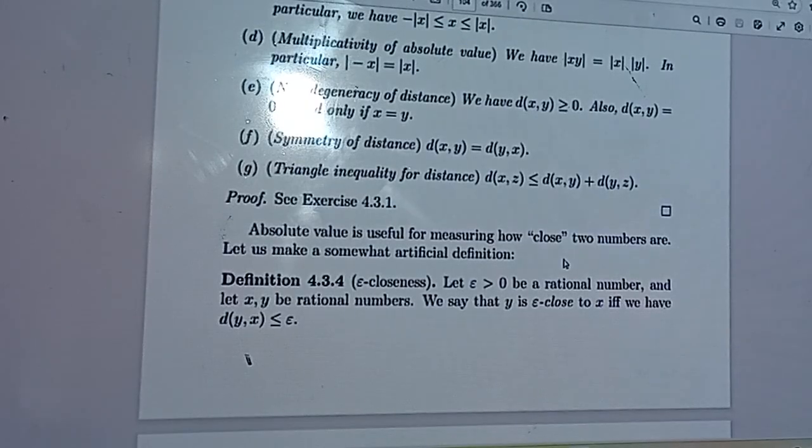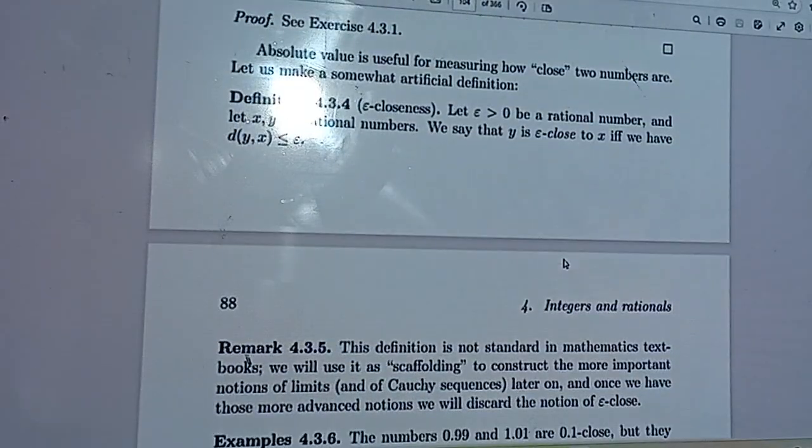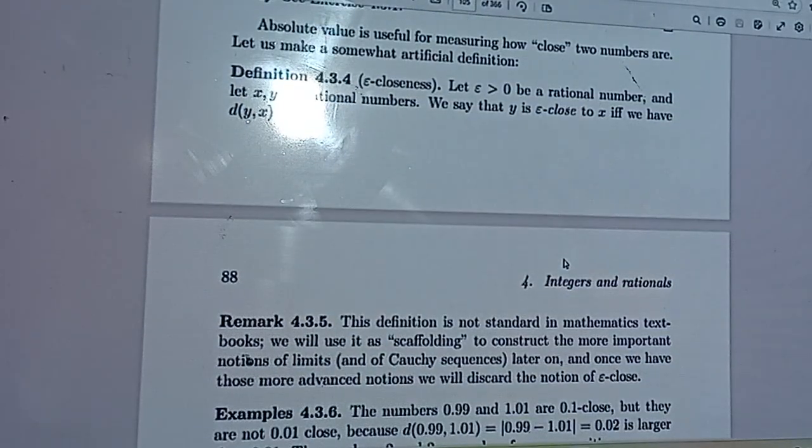Let epsilon greater than 0 be a rational number and let x, y be rational numbers. We say that y is epsilon close to x if and only if we have d(x,y) less than or equal to epsilon. This definition is not standard in mathematics. Many things he does are not standard in mathematics, but almost all the exercises are very standard.